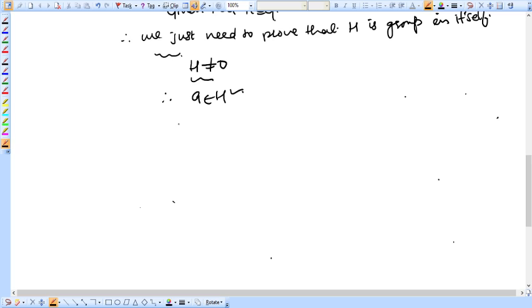So therefore A inverse also belongs to H by assumption or condition 2, existence of inverse. Now you see H is closed. We have already assumed this in condition 1, right?